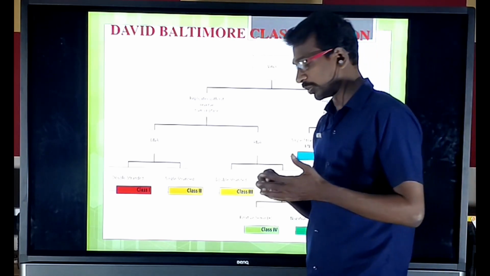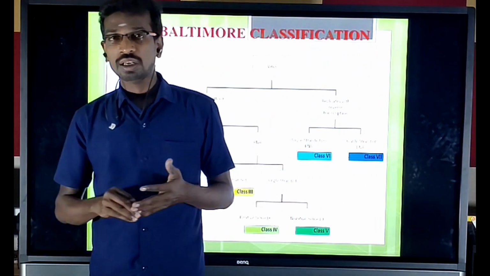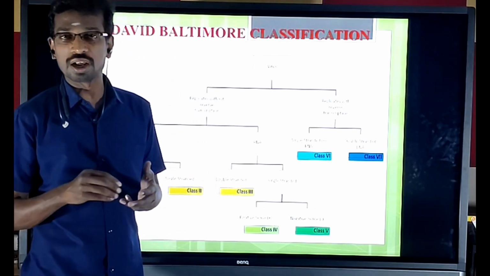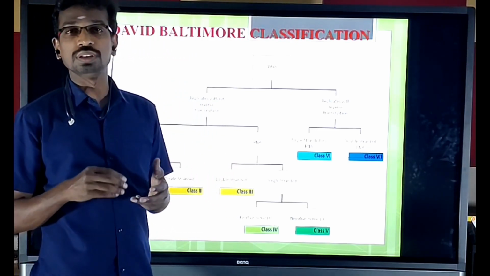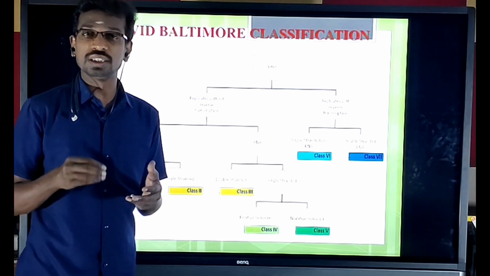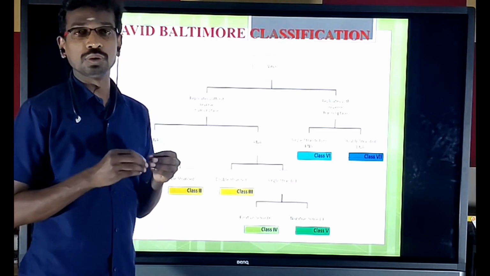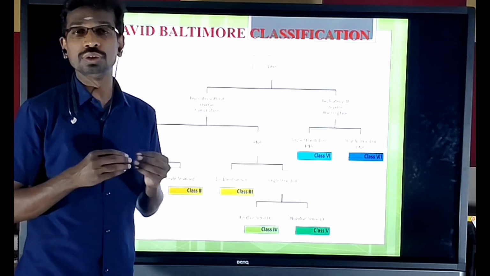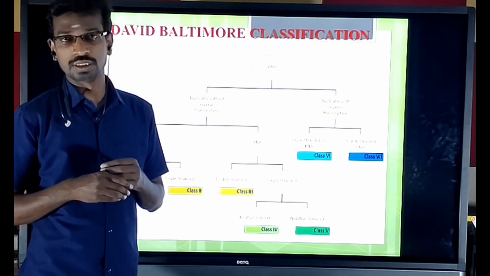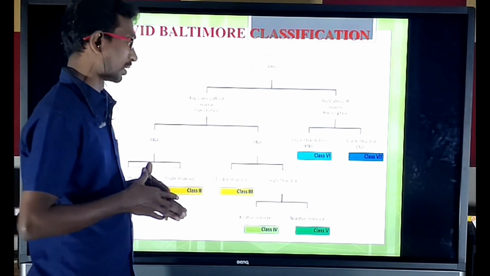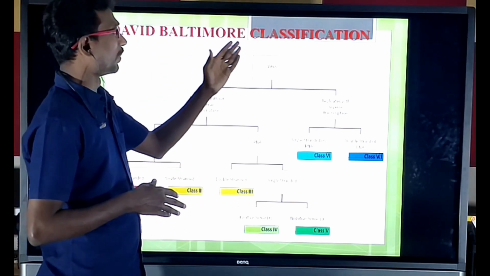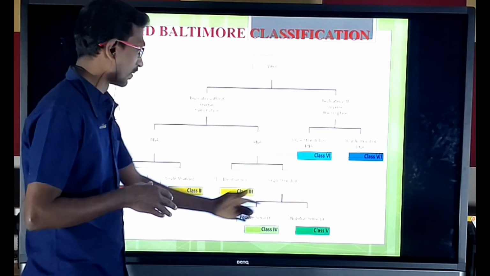The genetic material, which may be RNA or DNA; the genome, which may be single stranded or double stranded; whether the RNA is antisense or sense; and whether reverse transcriptase is used in mRNA production and the nature of the mRNA production. Based on that, he classified the viruses into 7 classes.